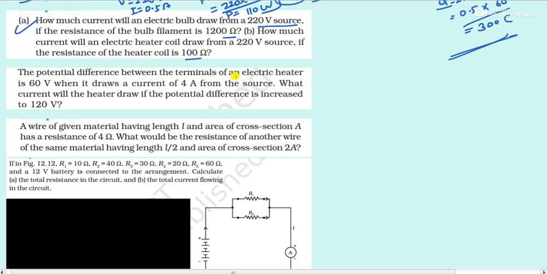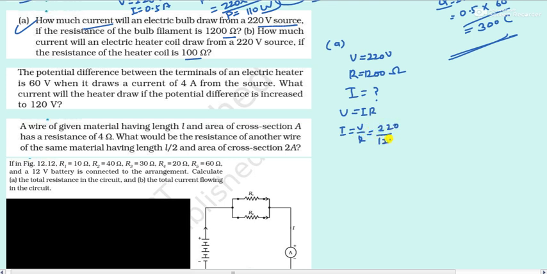Okay, so these are 2 sets of questions. In the first question they have given voltage as 220 volts and resistance as 1200 ohm. They have asked current, so it's very simple. V is IR, I is V by R.